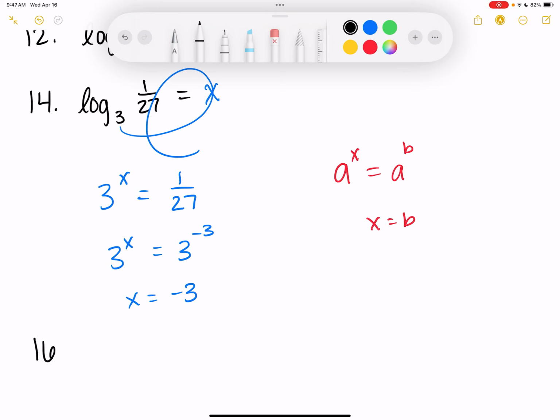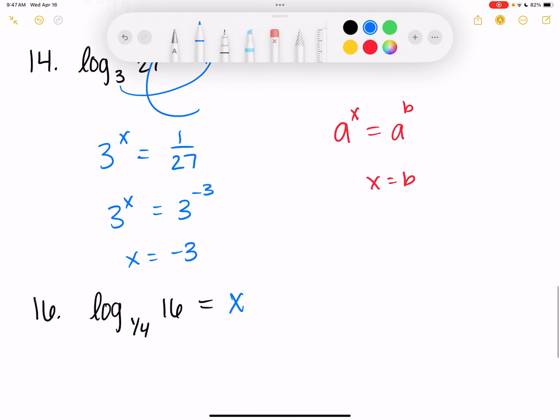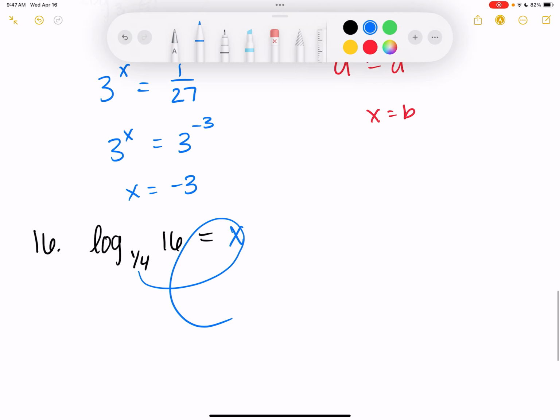16. Log base 1/4 of 16 equals what? So I would put my x there. I'm going to make my exponent, so start at 1/4, loop through x. So 1/4 raised to the x equals 16.